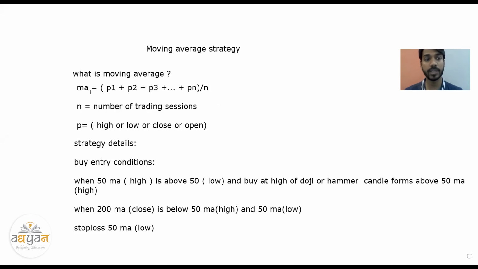So the moving average can be calculated using the formula P1 plus P2 plus P3 and so on till Pn divided by n, where n is the number of trading sessions and P can be high, low, close or open. So in this way, for every candle you will get a new average value that will be formed. If you connect all the dots, you will get a moving average line.